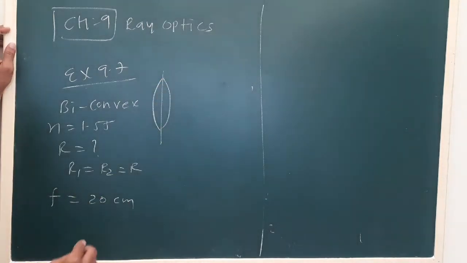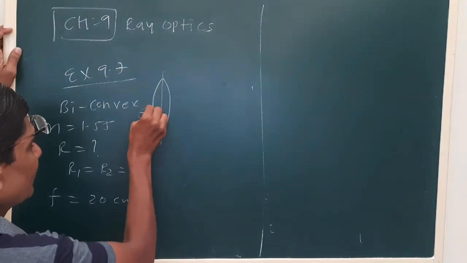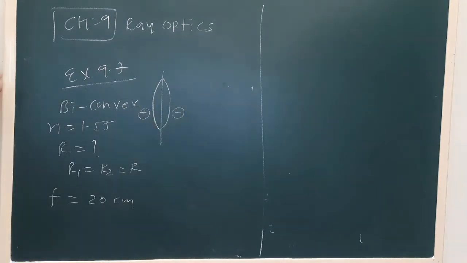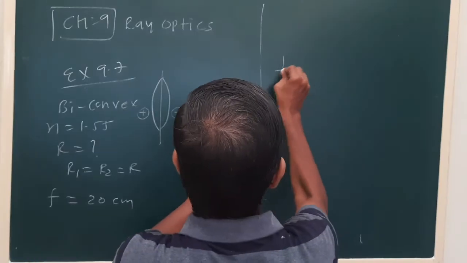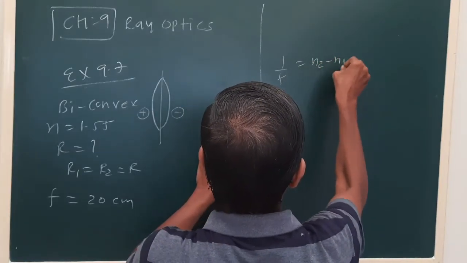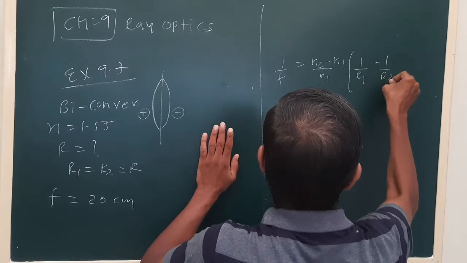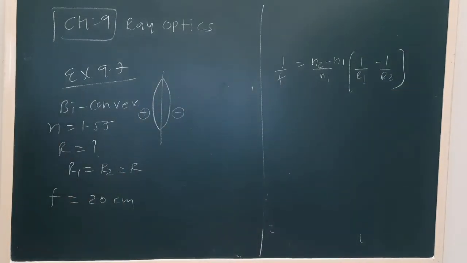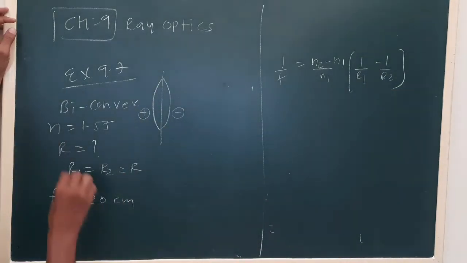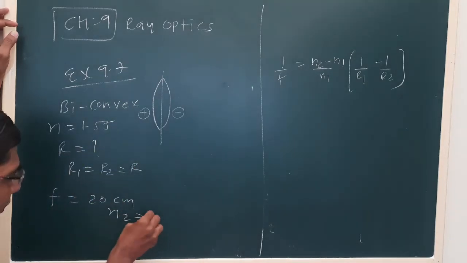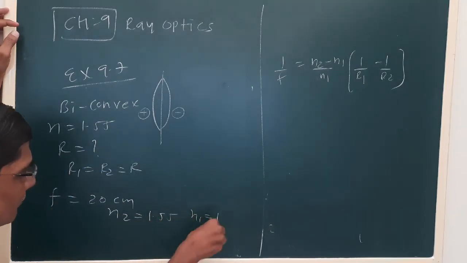Now this is a biconvex lens. See, as a convention, if I consider one radius positive, the other radius we have to consider negative. Now see our formula: 1 by f is (n2 minus n1) upon n1. Okay, now the lens is in air, so our n2 will be 1.55, n1 will be 1.